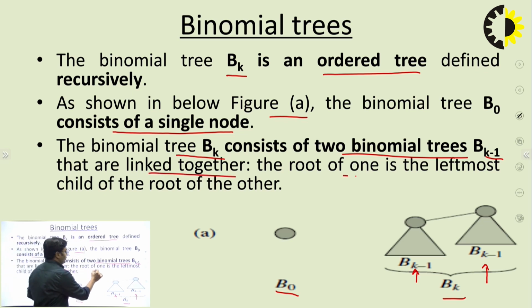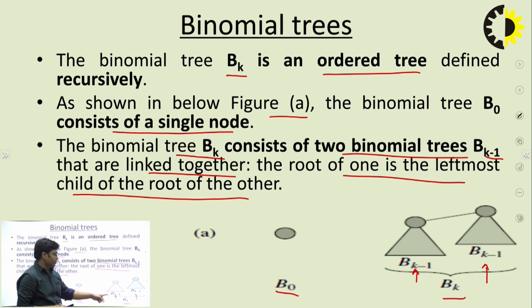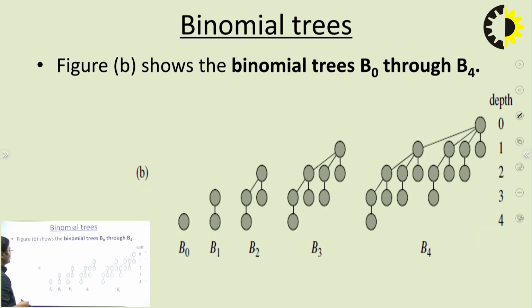The root of one is the leftmost child of the root of the other one. Means the first BK minus 1 is connected as a left child to another BK minus 1 part. Then that is a binomial tree which I am talking about.